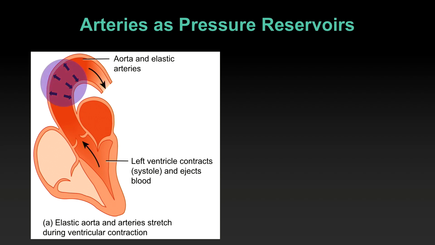And because the aorta is elastic, and arteries in general are elastic, it expands to accommodate the incoming blood. So we see that shown here with the arrows pointing outwards. As blood is injected into the aorta, there's very little room, so it stretches to make room.